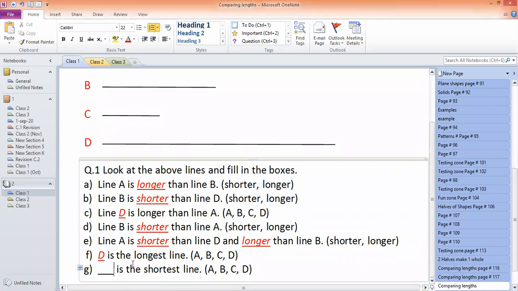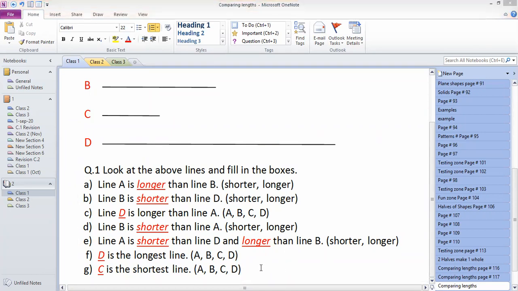Dash is the shortest line. A, B, C, or D? C. Very good. What is the meaning of shortest? Smallest. Shortest means shorter than all, right? Yes. That's very good.